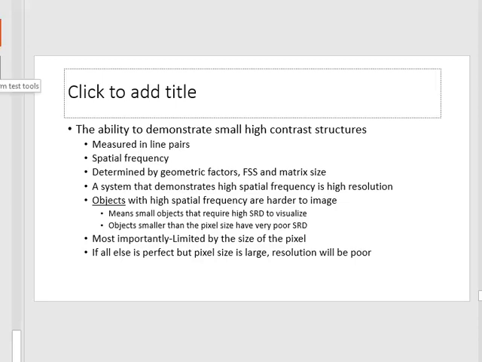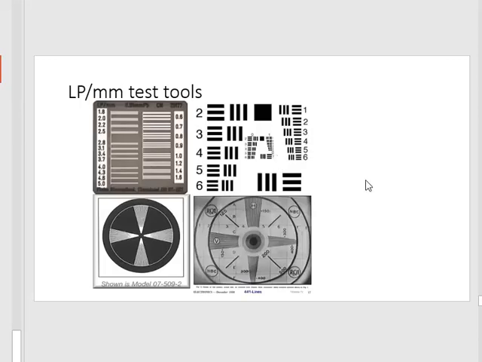So when we're talking about measuring sharpness for recorded detail, we can use line pair per millimeter test tools. And for the computer itself, in the QA or quality control measures inside of your system, you've got built-in resolution test patterns.